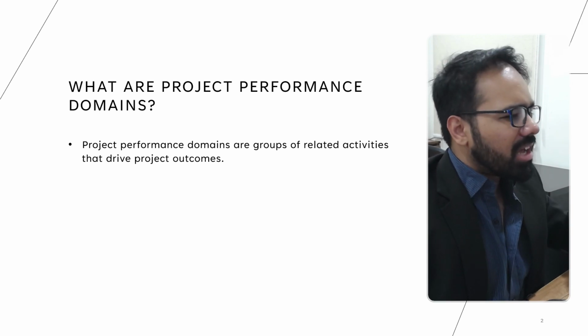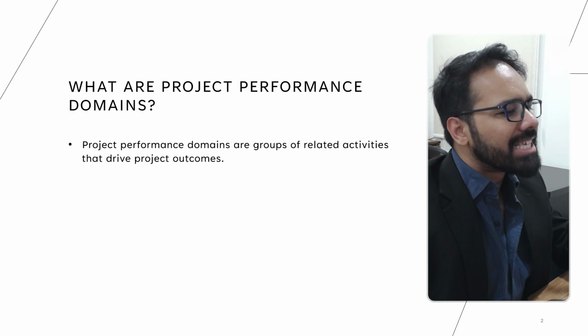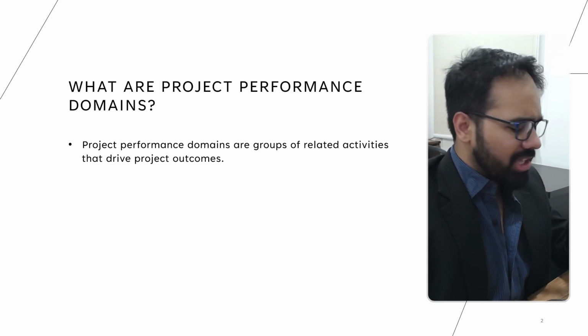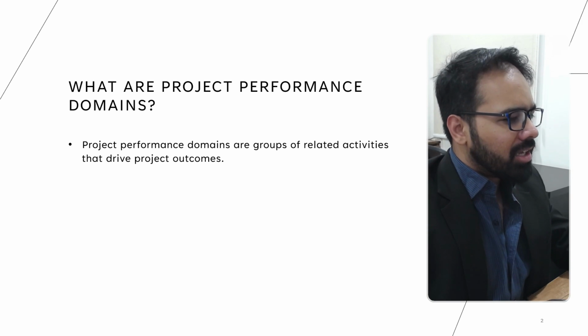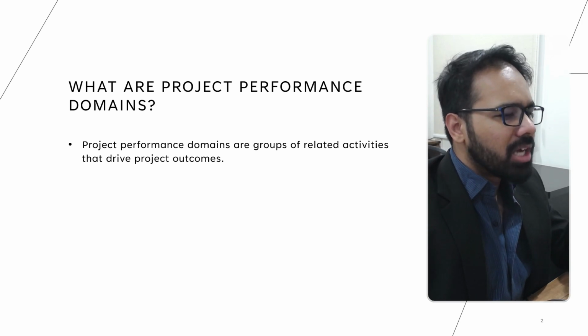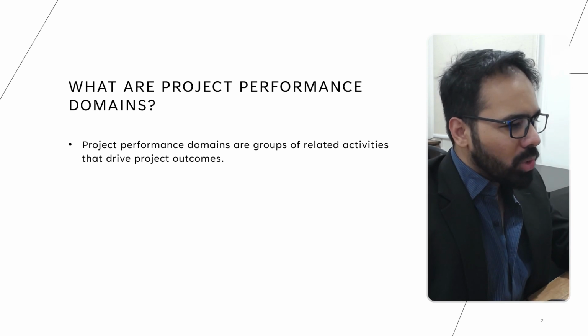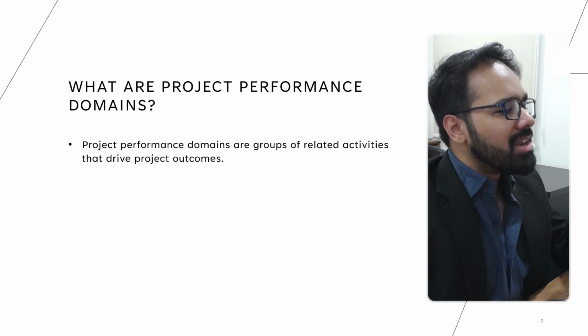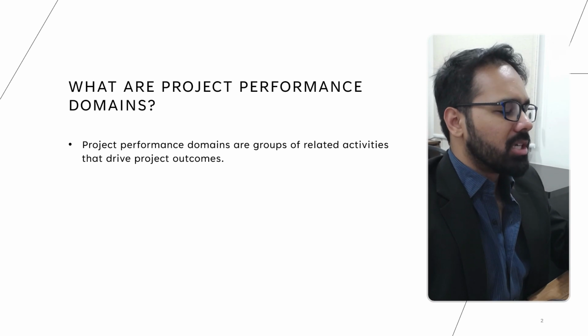So these are key focus areas that each of these performance domains basically represent. Now, everything from your stakeholder engagement to measuring results, everything comes under these performance domains. Now, these are not just your to do lists, but these are lenses through which you manage your project successfully.